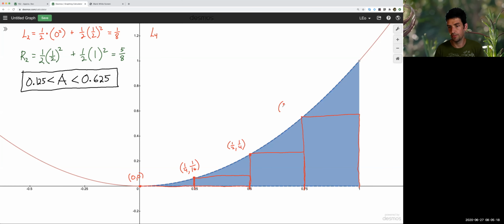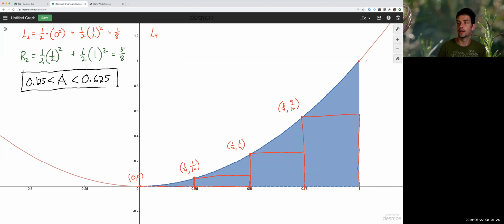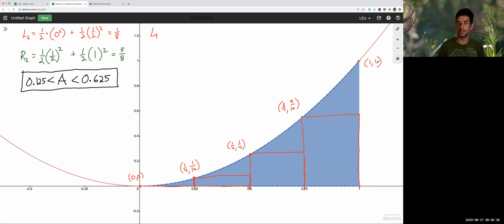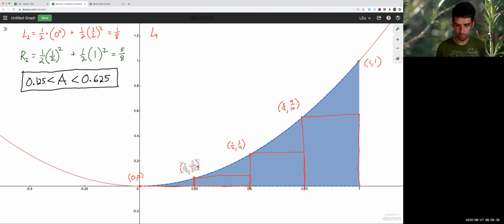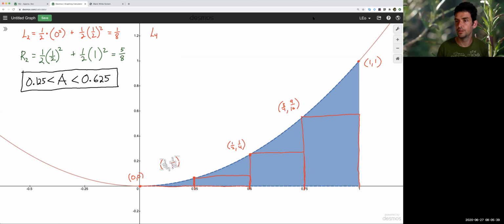Here we're at 3/4. 3/4 squared is 9/16. And we don't need this one right now, but I'll just put that in for consistency. All right, so there are our endpoints.